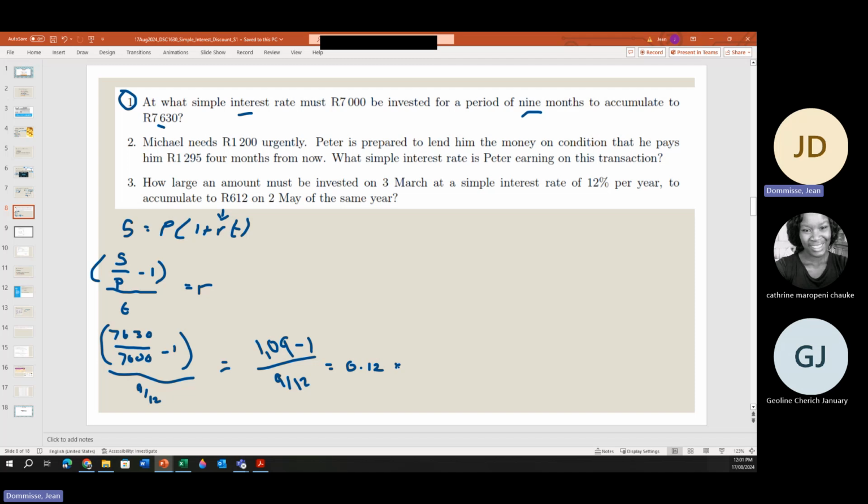So we multiply that by 100 so that we get 12%. Okay, so that is how we would have worked out that first question. We start off with the simple interest formula where they give us the future value, the present value, and then we work out the interest rate.